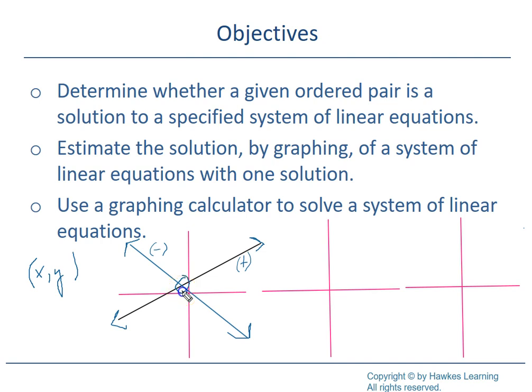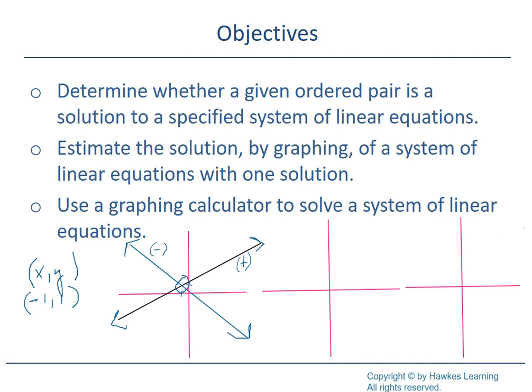Well, if this were a negative 1 here, and this is about a positive 1, the ordered pair would be a negative 1 and a 1. Now, if we graph these systems of equations and find this point of intersection, we say we have solved these equations simultaneously.